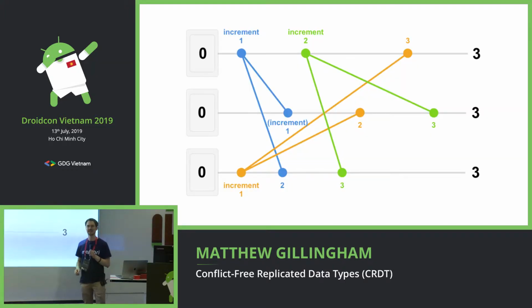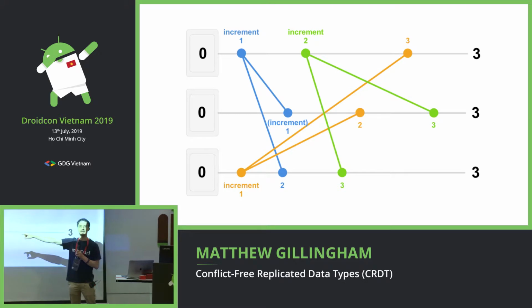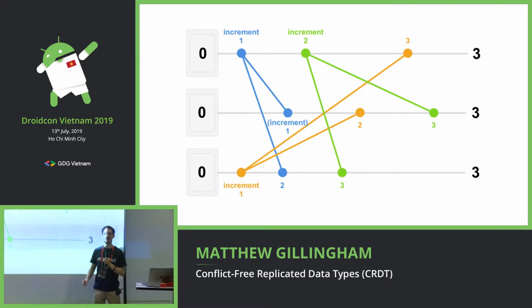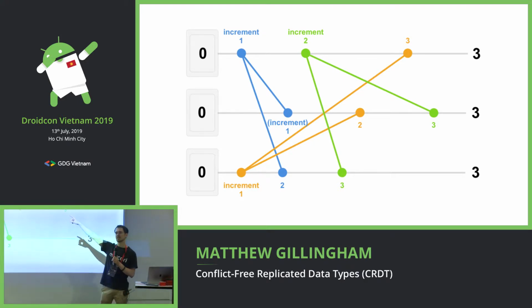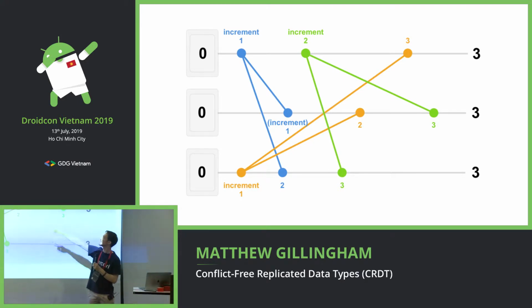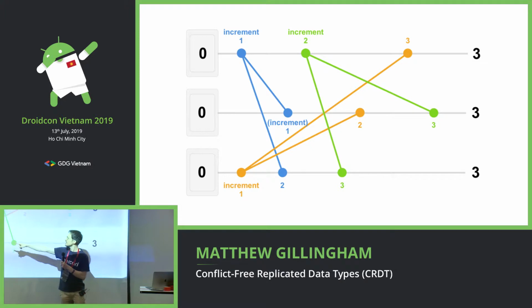So basically, it looks like this. Here are our 3 devices. We can see the top one and the bottom one, independently of each other, both increment the counter. Then they broadcast that increment operation to the other devices. The top one increments, then this one receives that and increments, and this one receives and increments.